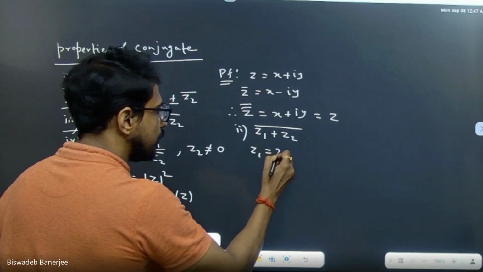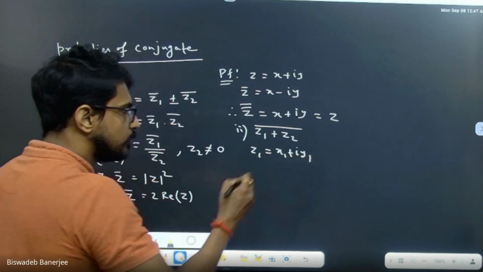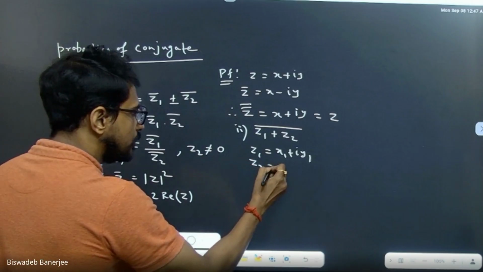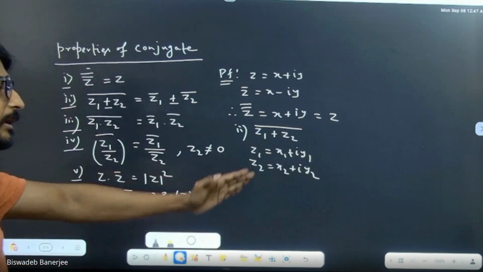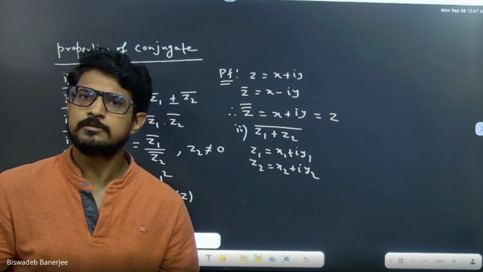Suppose my z1 is x1 + i·y1, and my z2 is x2 + i·y2.